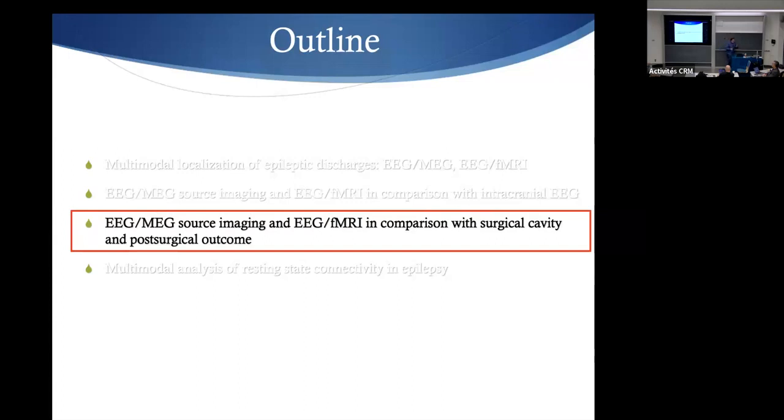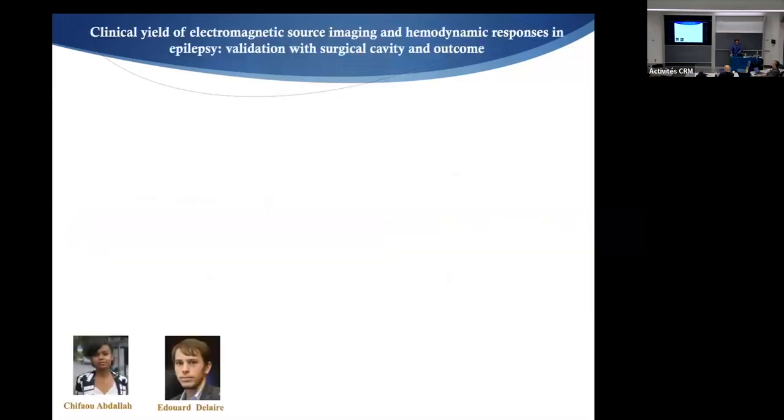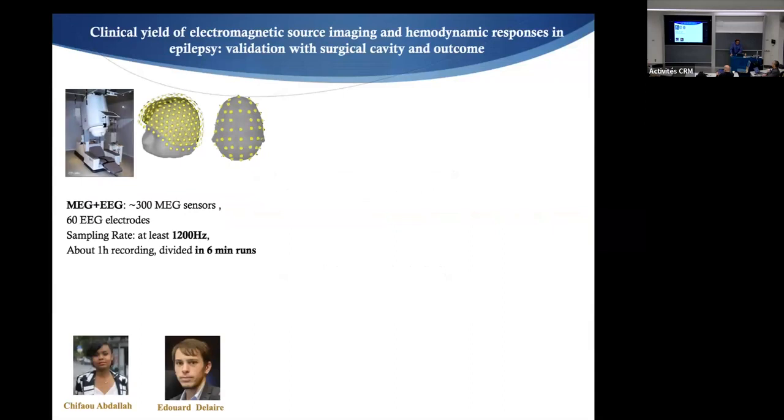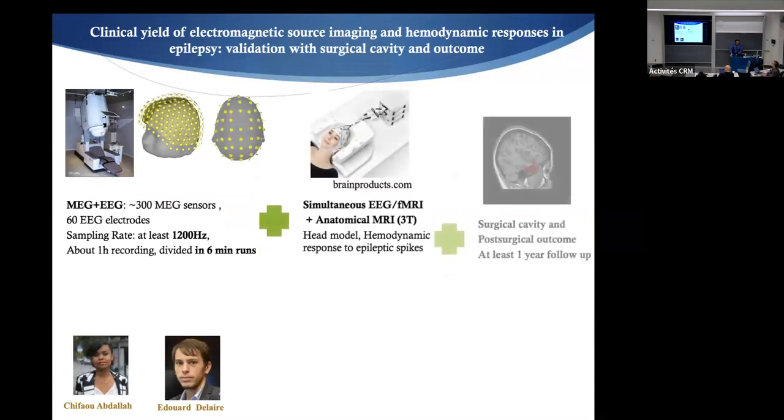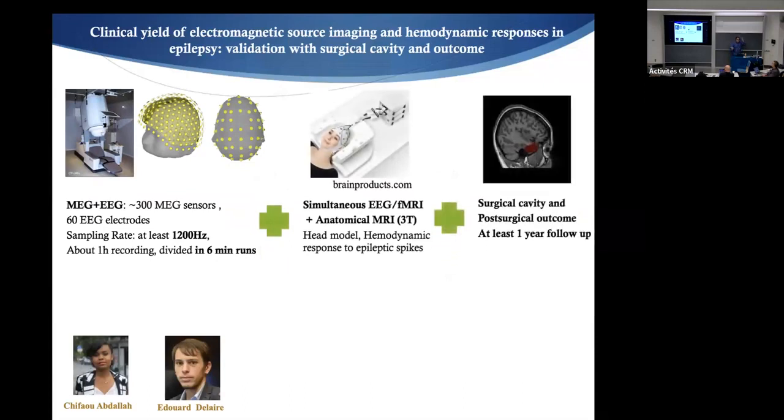So we use more or less the same data, a bit more data, and this time we compare to the surgical cavity. This is work by Shifao and Edouard. We have the MEG data and the EEG-fMRI data, and these are patients who underwent surgery for whom we have a post-surgical outcome, at least one year of follow-up, and we have a post-surgical MRI.